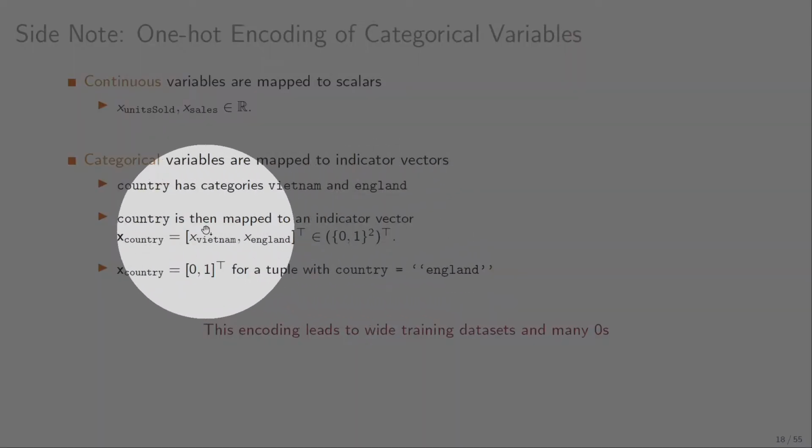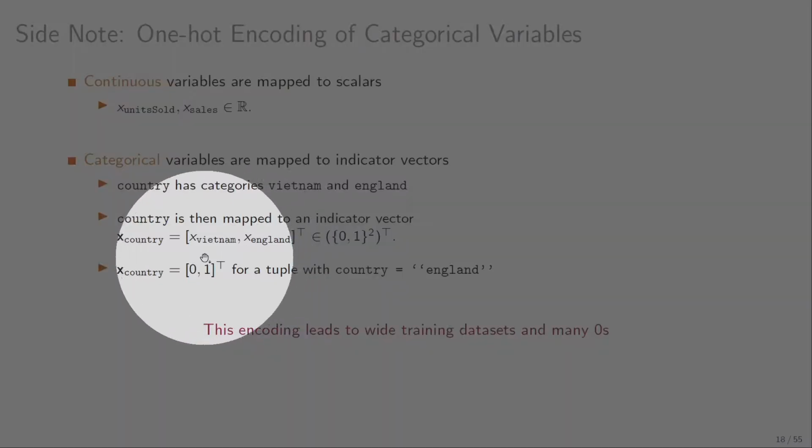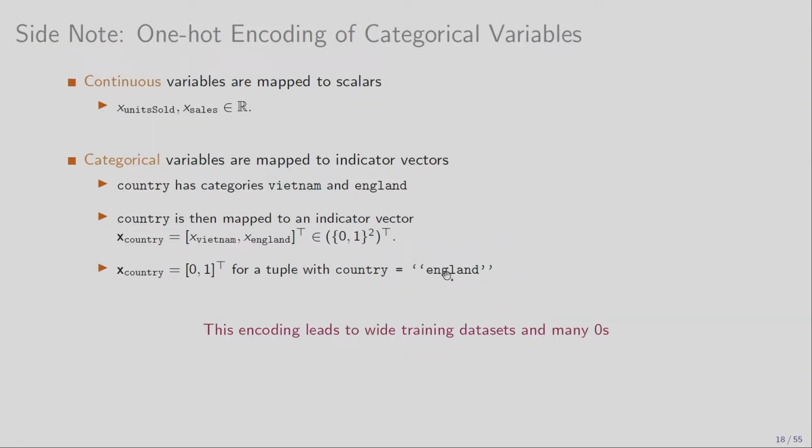So this means that either x_Vietnam is 0 and England is 1, or the other way around. For instance, x_country would be (0, 1) for a tuple with country equals England. So England has position 1 and Vietnam will be 0.